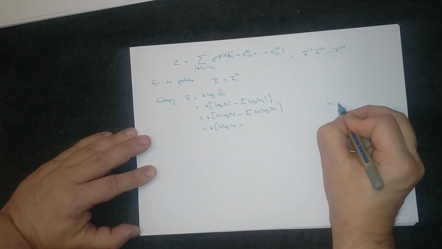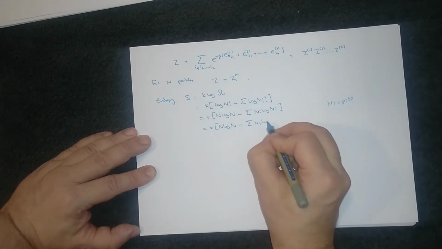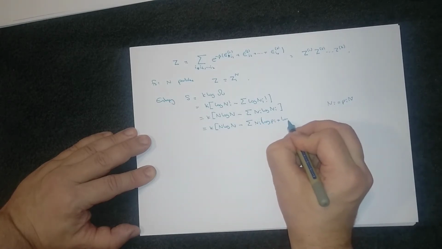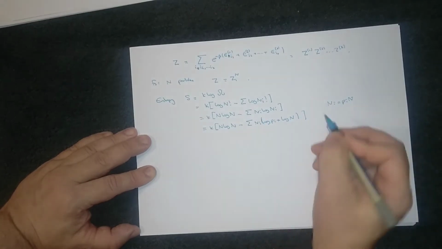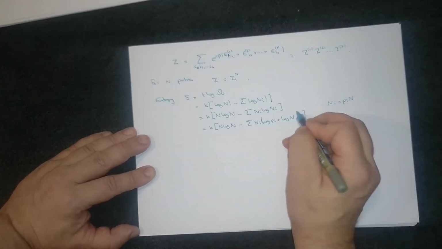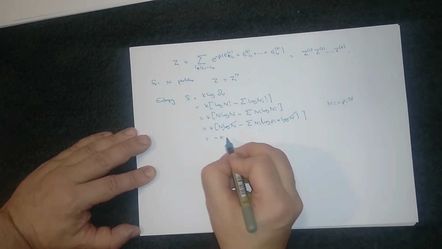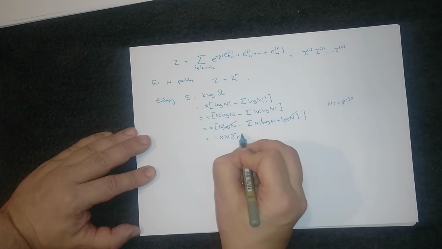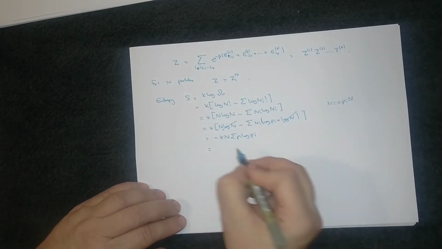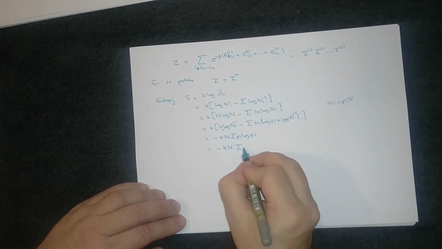Remember, ni is equal to pi n, and the sum of the ni is equal to capital N. So that term there cancels with that term, and that gives me minus kn sum pi log pi.